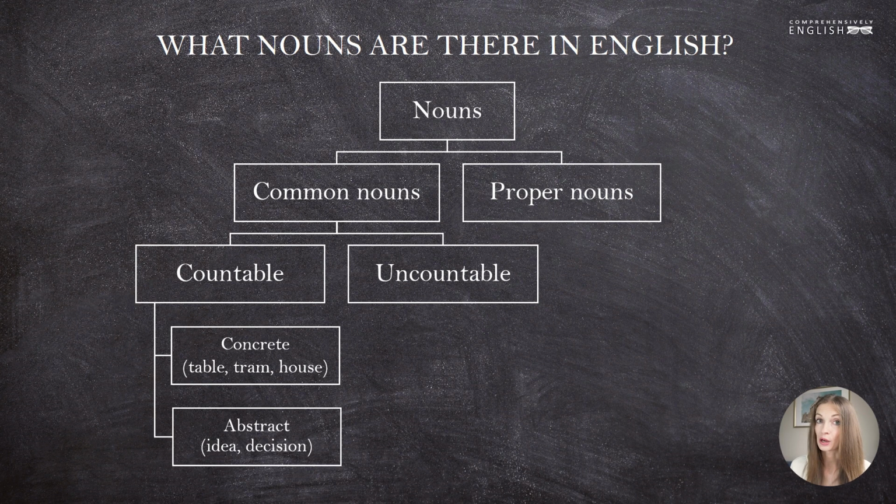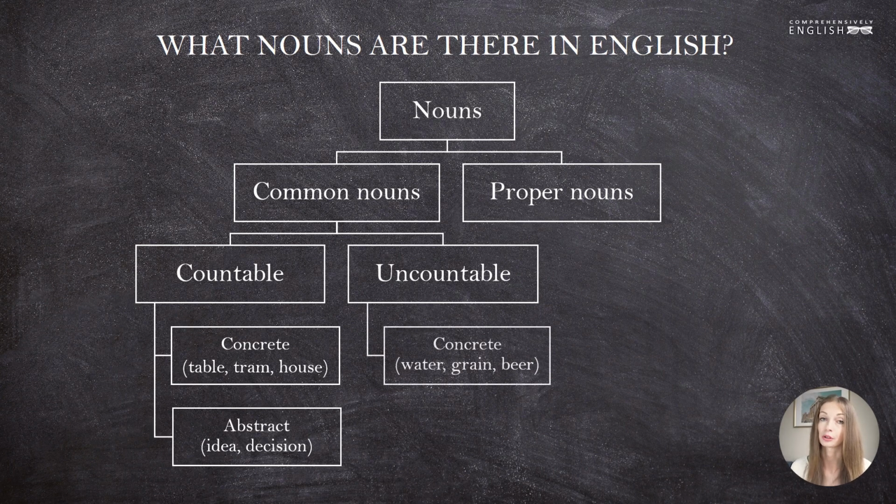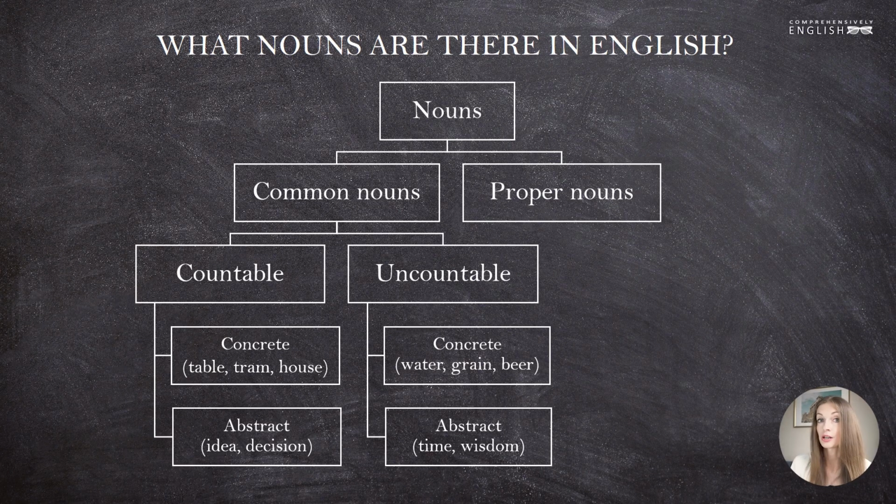Countable abstract nouns are such words as idea, decision, and so on and so forth. Uncountable nouns can also be divided into concrete and abstract. Uncountable concrete nouns are such nouns as water, grain, beer, and uncountable abstract nouns are, for instance, time and wisdom.